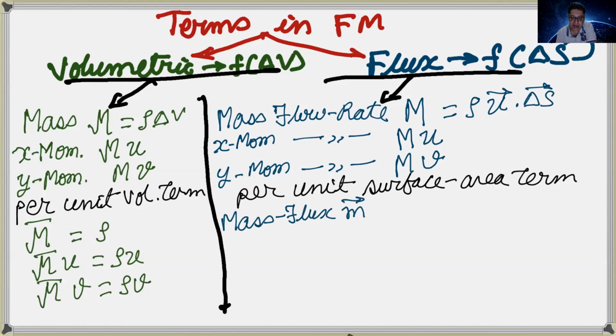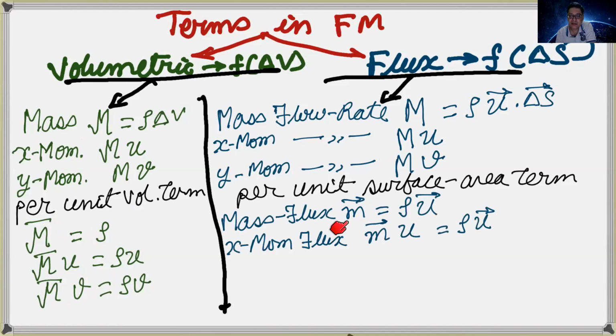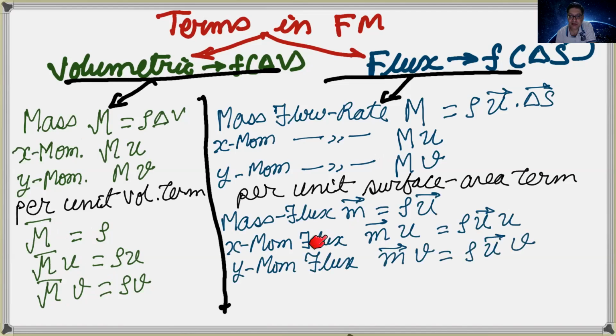Similarly, if you divide the mass flow rate by area, I express it by small m, which is a vector. This is called mass flux. The x momentum flow rate per unit area is denoted here as x momentum flux. Similarly, the y momentum flow rate per unit area is expressed as y momentum flux. Notice that I have introduced three types of M. The first, curly M, I am calling mass.